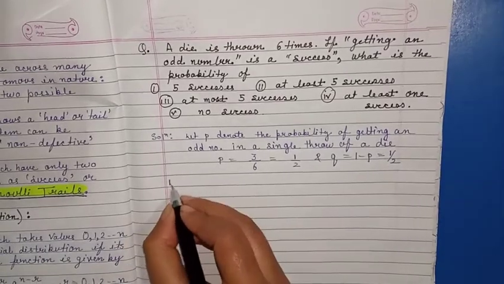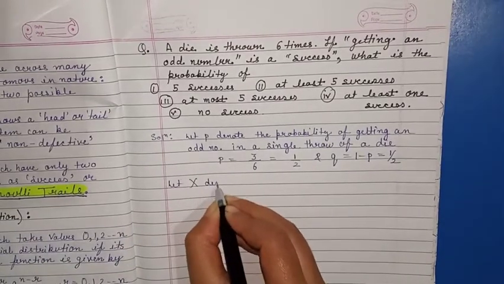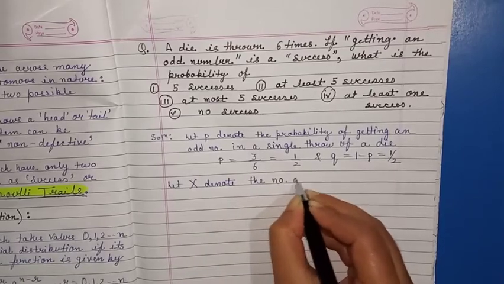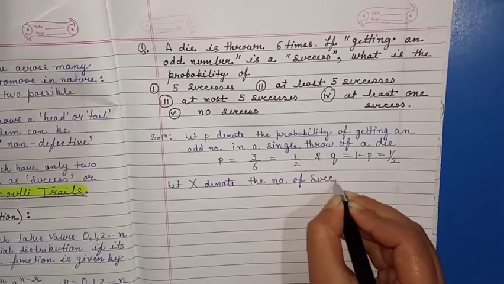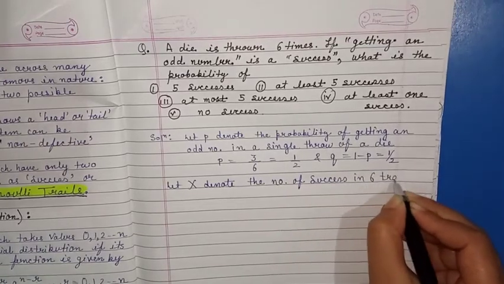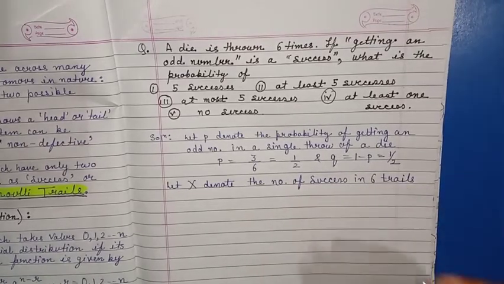Now let capital X denote the number of successes in 6 trials, meaning we have to throw this die 6 times.